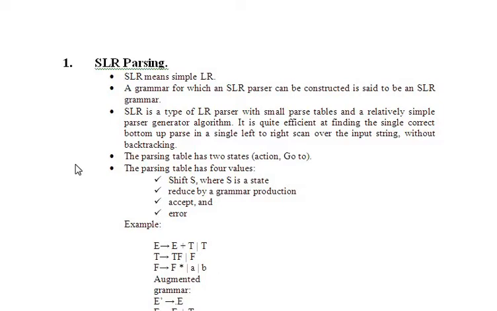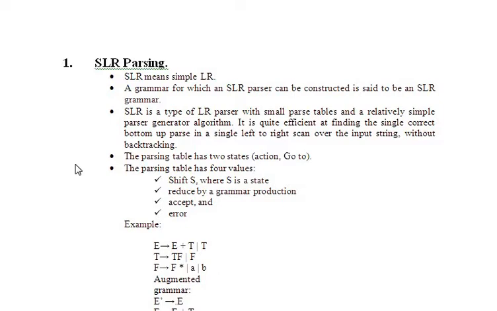Kernel items are a collection of items: S dash gives dot S and all the items whose dots are not at the leftmost end of the right hand side of the rule.